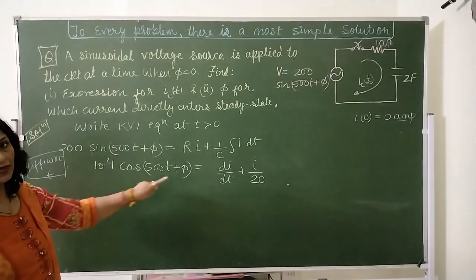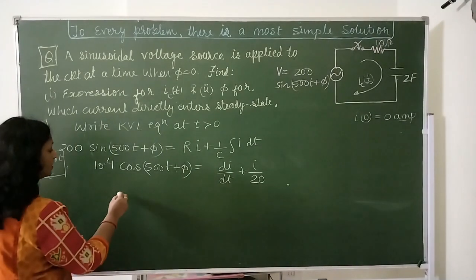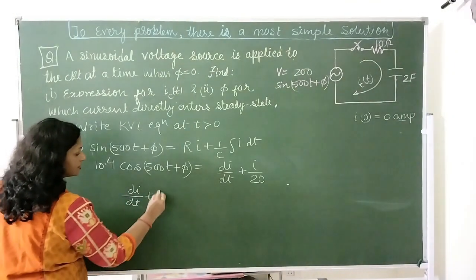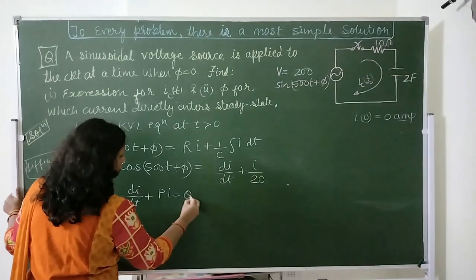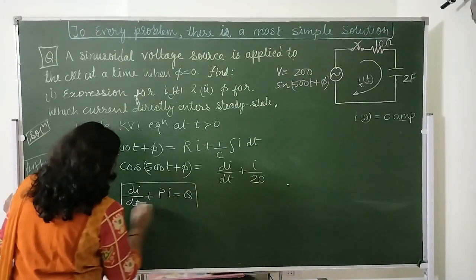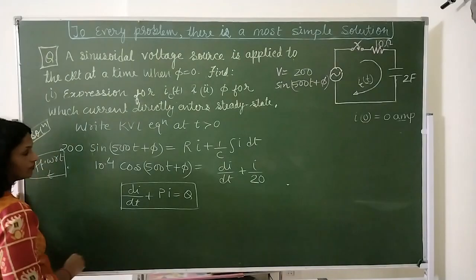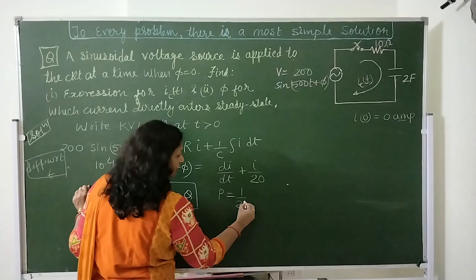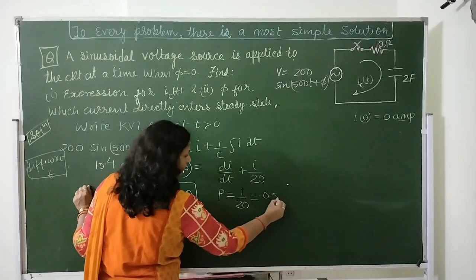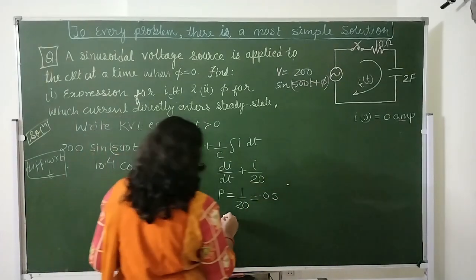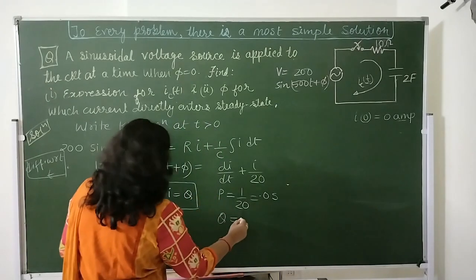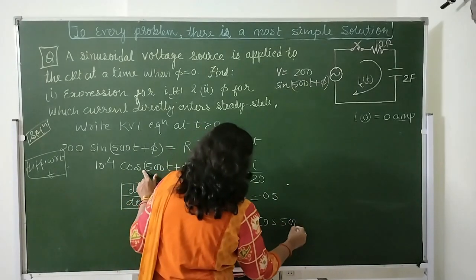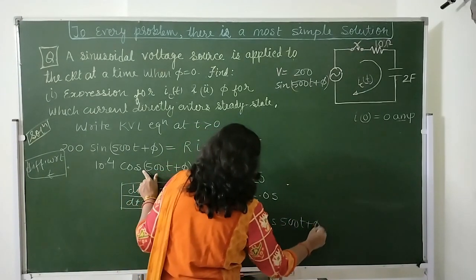Now we can compare this differential equation with our linear differential equation di/dt plus Pi equals Q. By comparing this equation, we can find that P is equal to 1 by 20, that is 0.05, and Q is equal to 10 to the power 4 cos(500t plus 5).